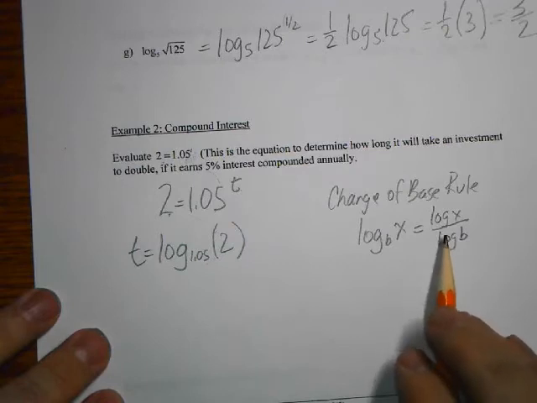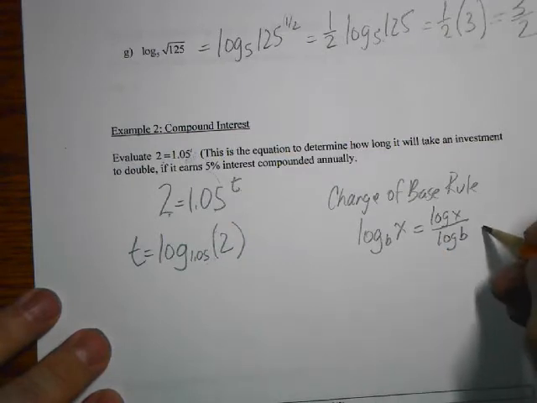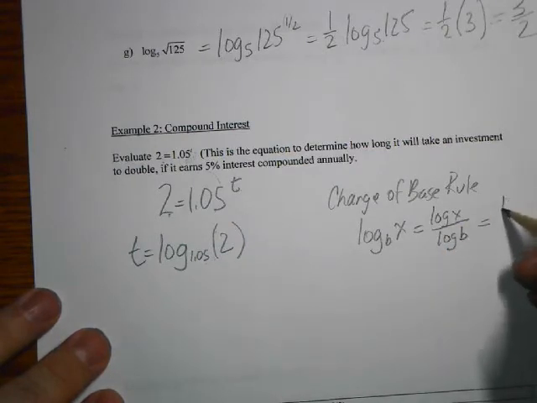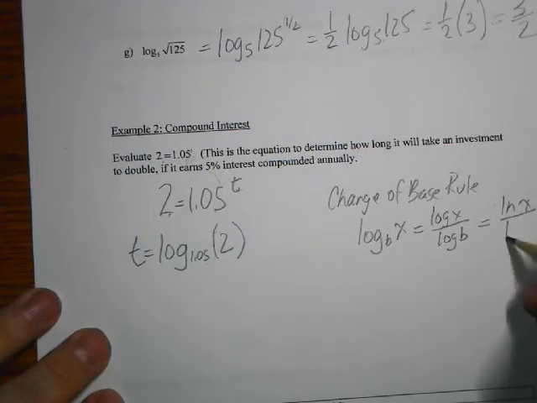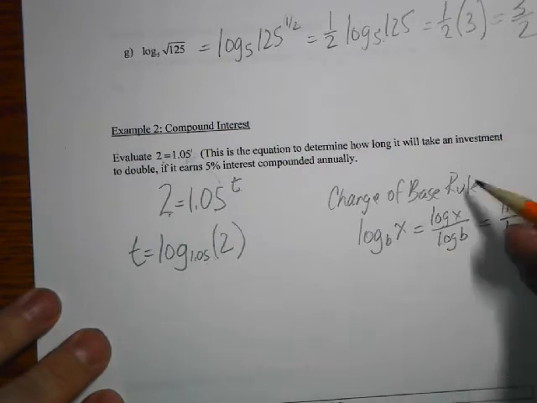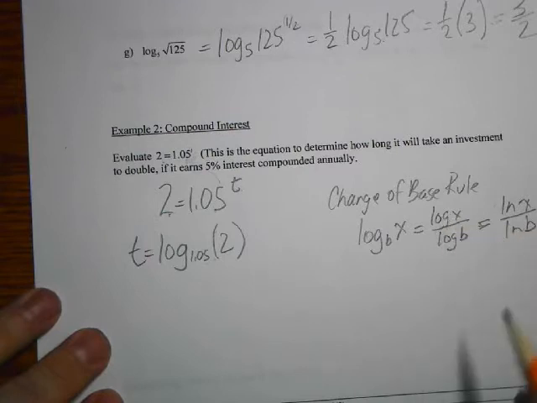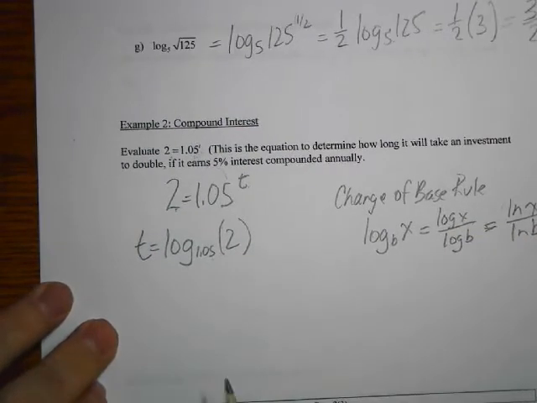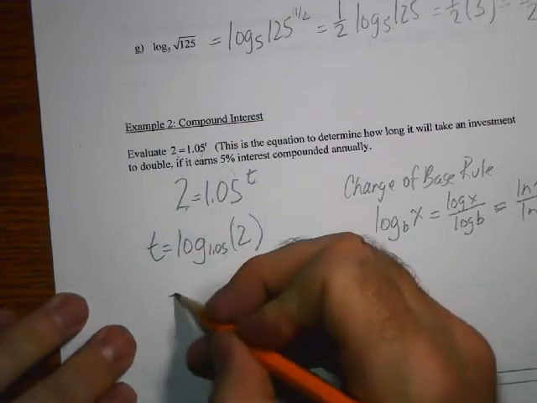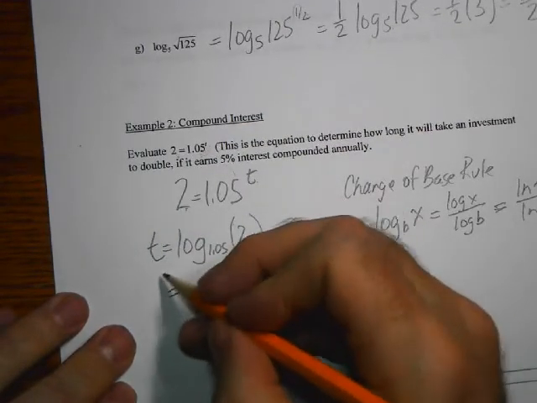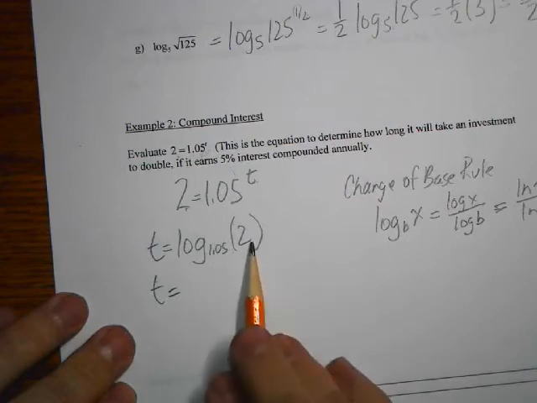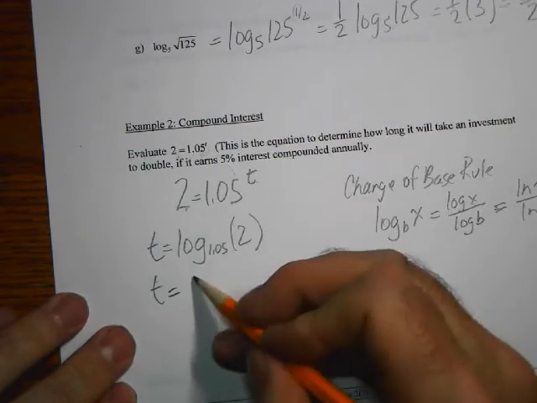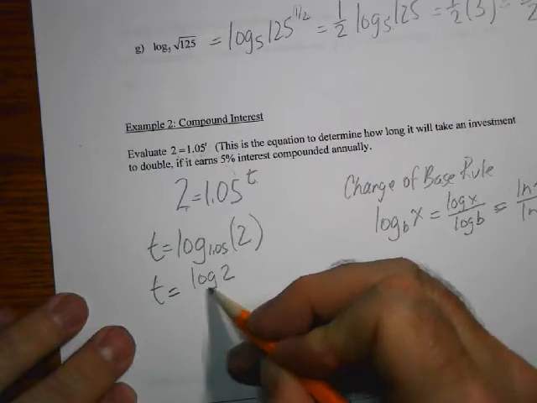That's common log, but instead you could use the ln function. It didn't say it on that page, but you could use either one. I think most people will use the common log, but you could try this out and see that it actually works for both. So if I use that rule, this would be the log of 2 over the log of 1.05.